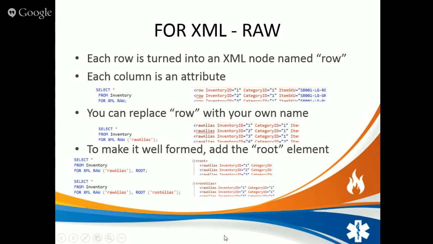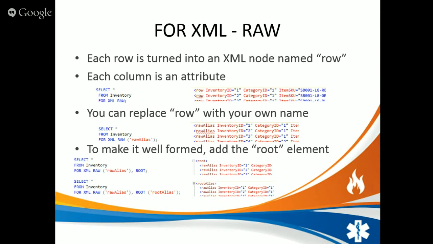Okay, so XML raw will turn each row in your result set into a single XML element. They're not nested in any way, so it's not well-formed results. You can see at the top it's a select star with FOR XML RAW, and it creates the node name as row.